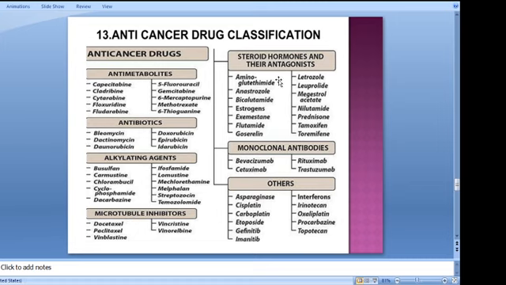Then steroidal hormones and their antagonists, like aminoglutethimide, letrozole, and estrogen derivatives, tamoxifen, etc. Then various monoclonal antibodies, and other miscellaneous drugs like asparaginase, cisplatin, and interferons. We will discuss all of these one by one.